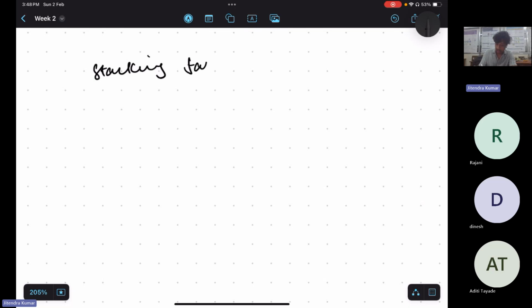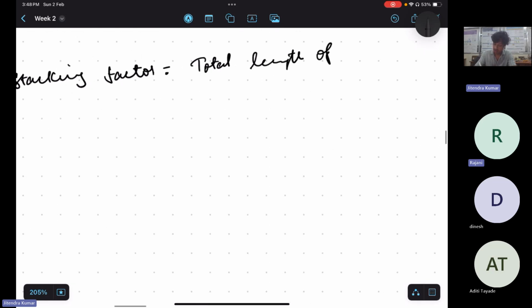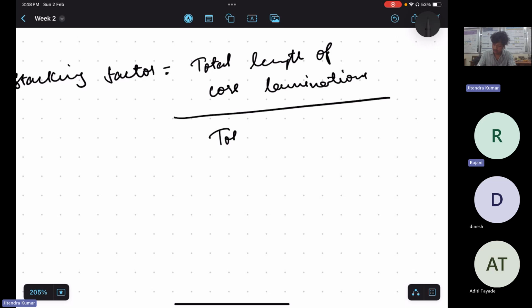A stacking factor is nothing but the total length of core laminations divided by the total length of core.